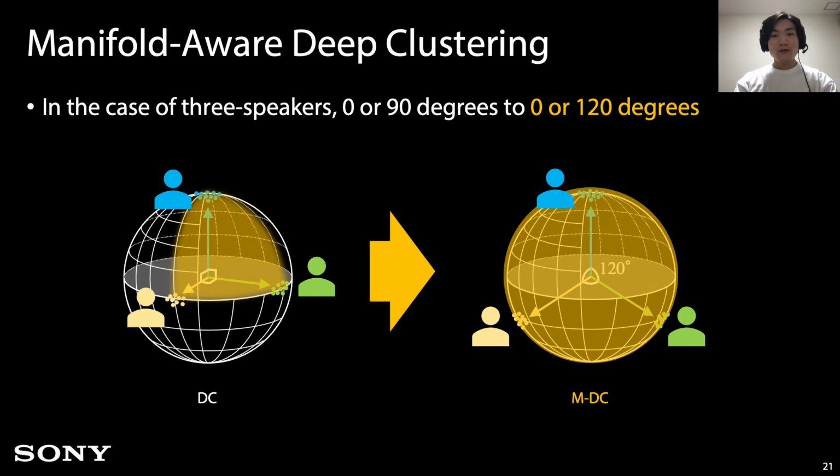So far, we have taken a two speakers case. In the case of three speakers, we should expand from 0 degrees or 90 degrees to 0 degrees or 120 degrees like this. Such embedding can utilize the whole embedding space with its overall symmetry.